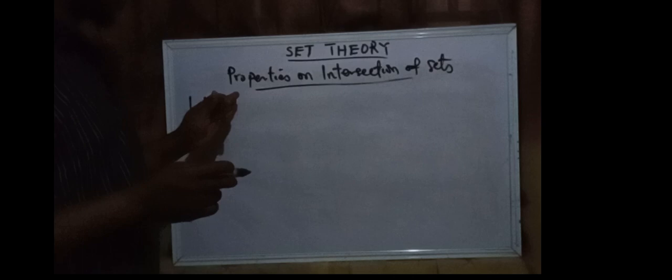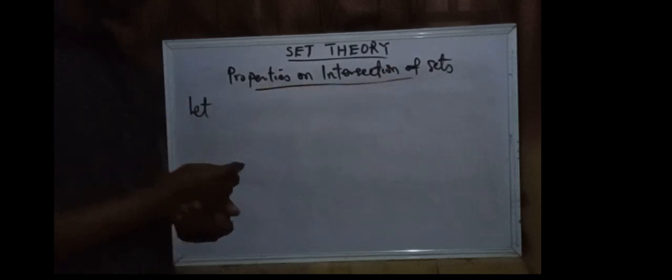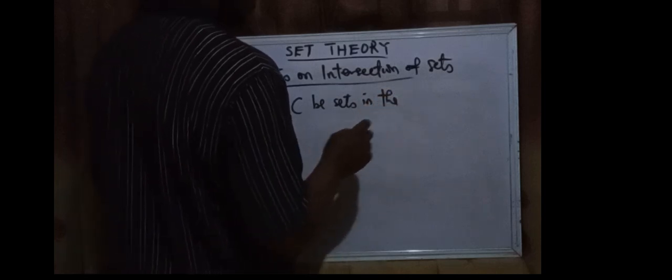So let us now see some properties of intersection of sets. Again, we want to consider three sets A, B, and C in the universal set.